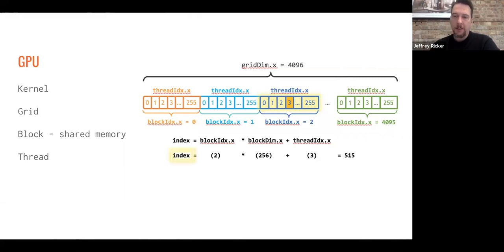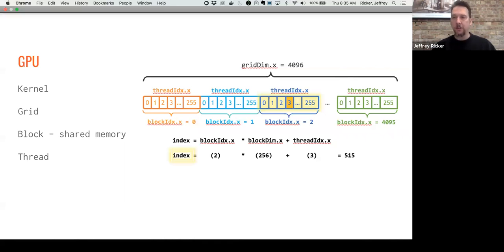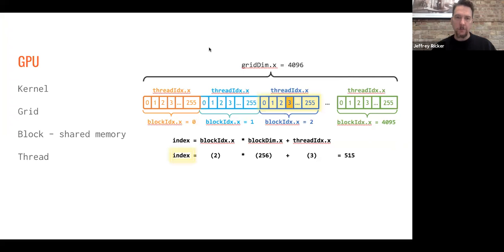What I'm going to talk about is the CUDA approach to GPU programming, which is from NVIDIA, and is right now the dominant one on the market. All the frameworks that you'll be dealing with for machine learning run on CUDA. CUDA has this concept of a kernel, a grid, a block, and a thread. The kernel is how you access the GPU.